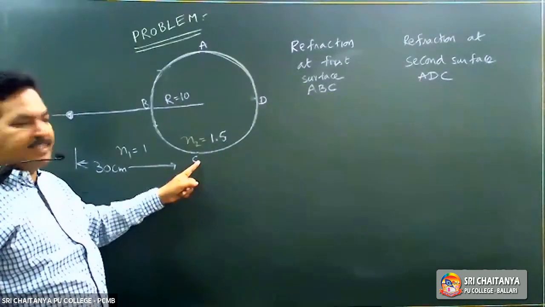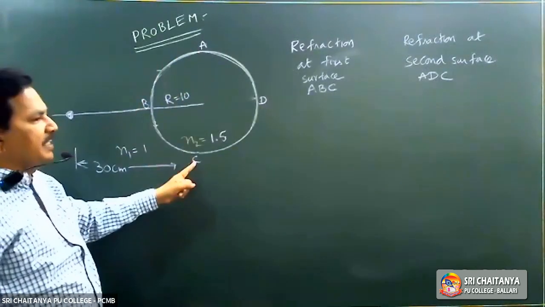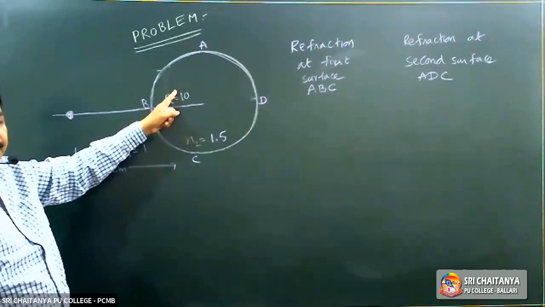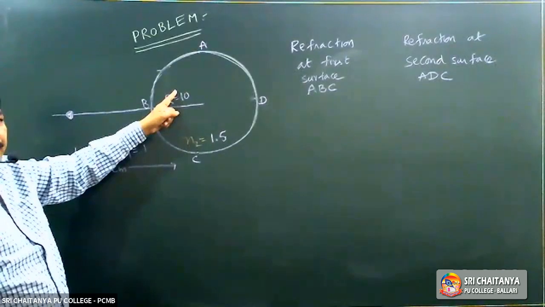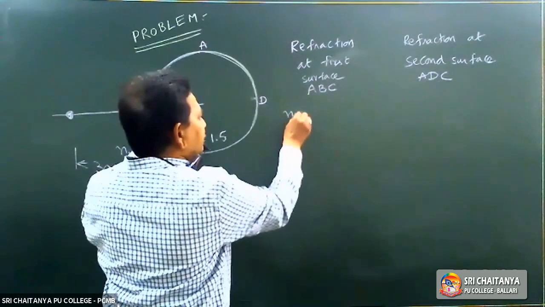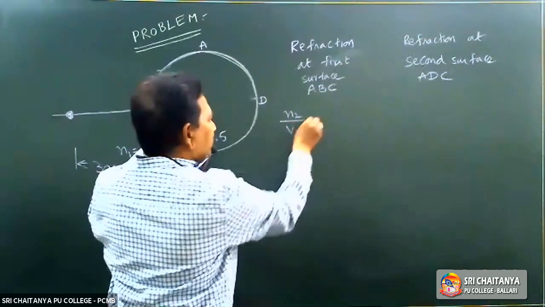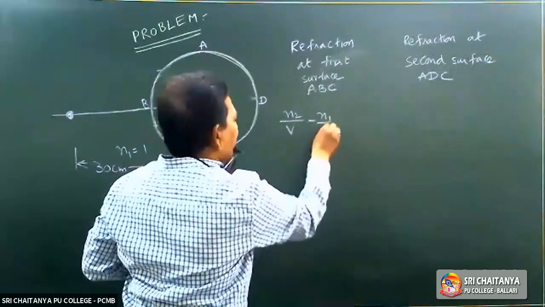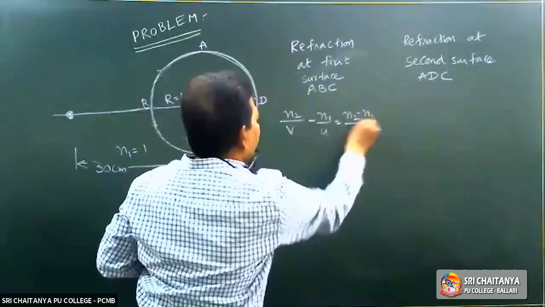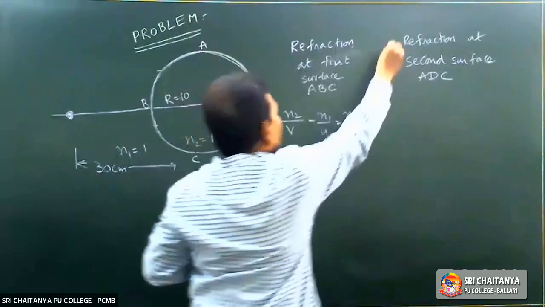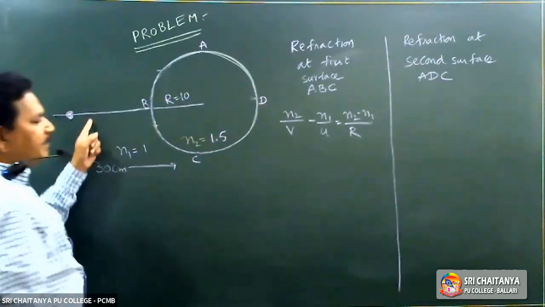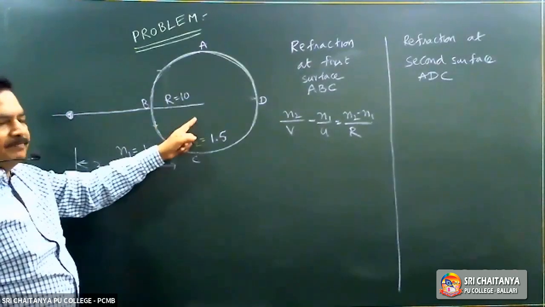Near the first surface A, B, C, light rays travel from rarer to denser. So I will use the formula N2 by V minus N1 by U is equal to N2 minus N1 divided by R, because light rays travel from rarer medium to denser medium.